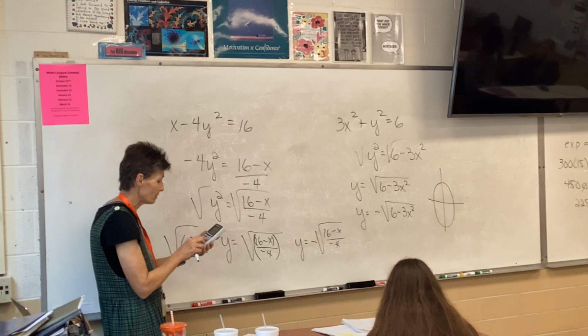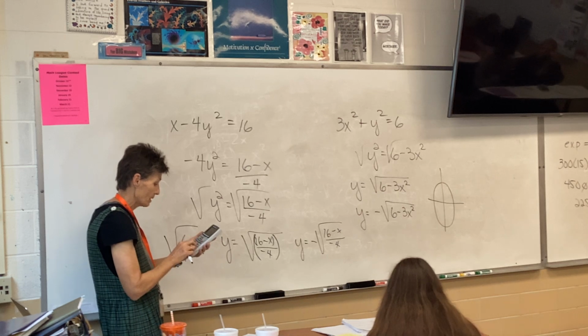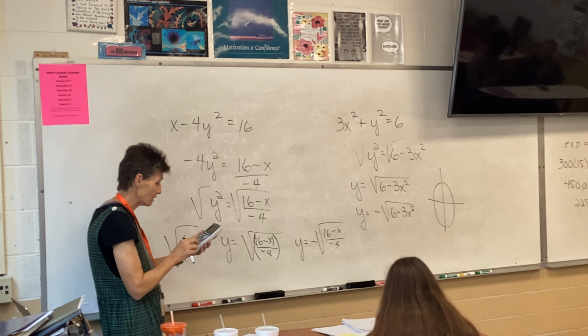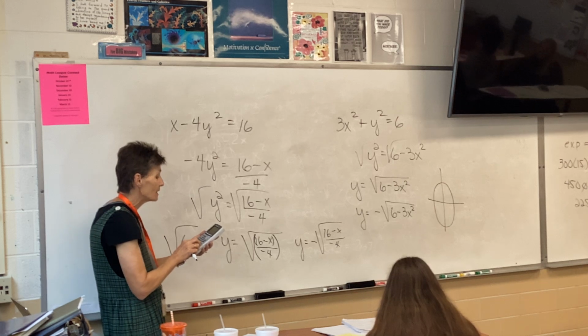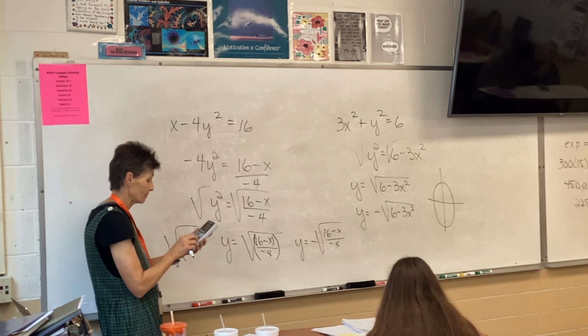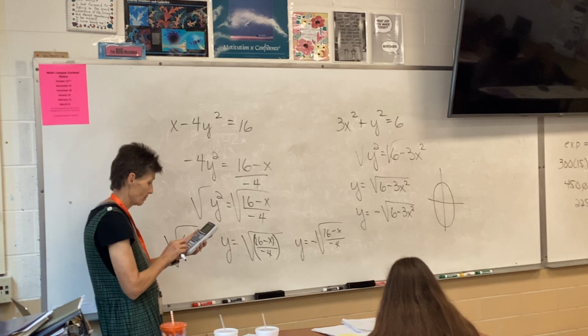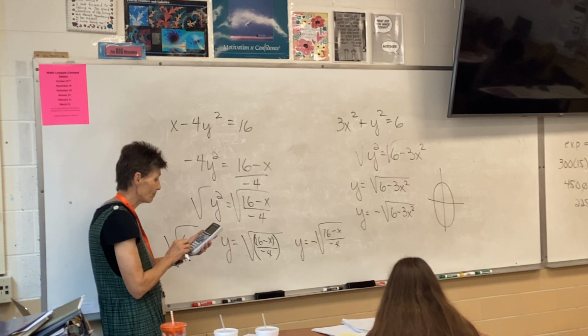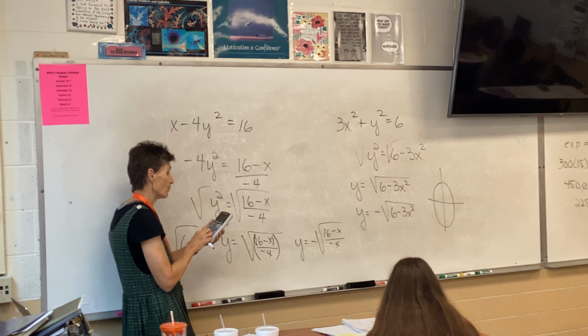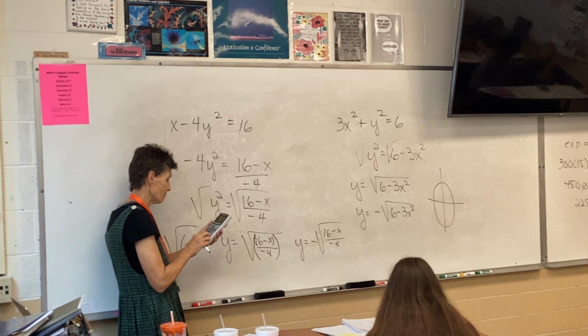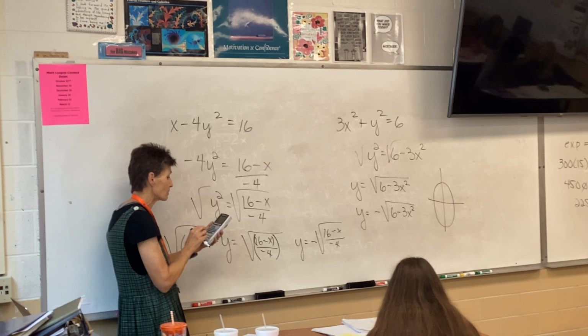Close that one, divided by -4, and then close that. So square root, parentheses, parentheses, 16 minus x, close one parentheses, divided by -4, close the other one, and hit graph.